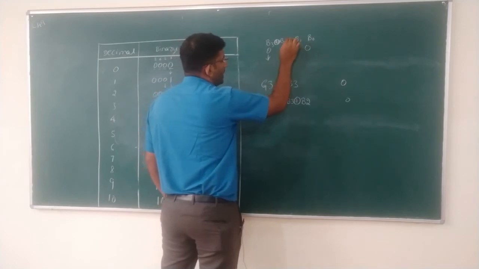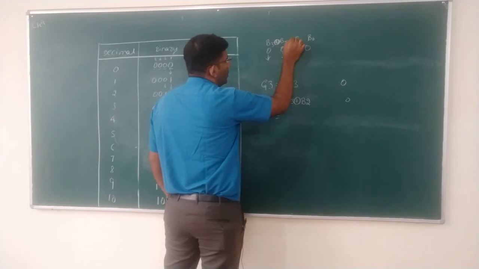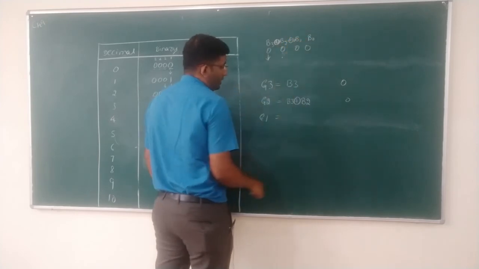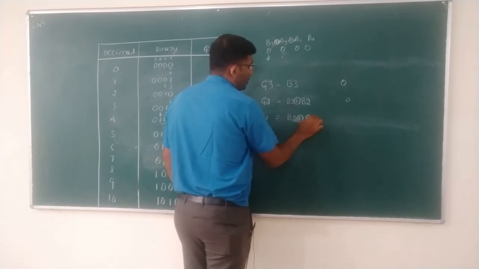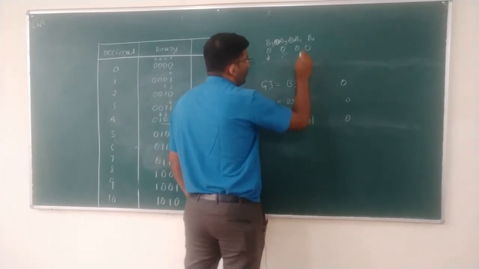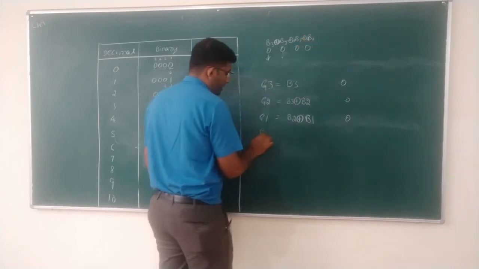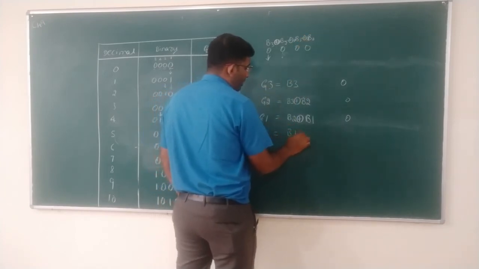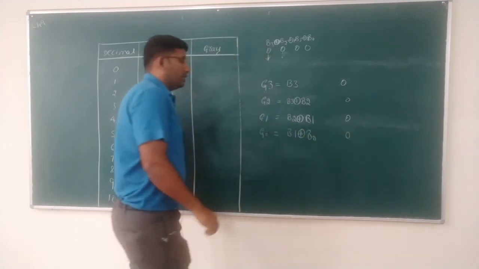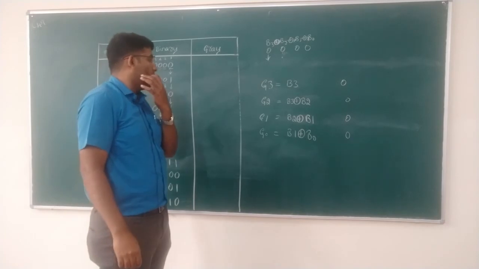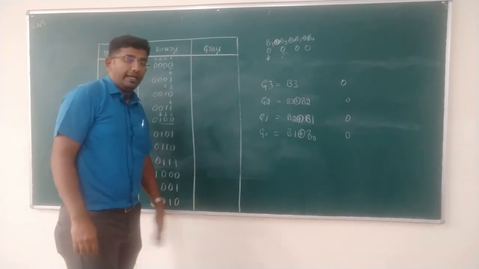Then to get G1, we need to add B2 plus B1. Once again we get 0. Next, to get G0, we need to add B1 plus B0. Once again we get 0. This formula has to be applied to convert all the binary digits into Gray code.